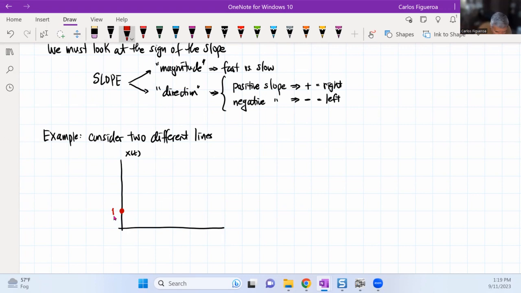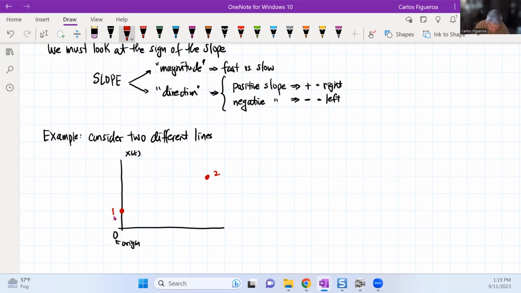So 1 tells you that we're looking at the origin of where we started measuring. So what I'm going to do in this situation is travel to some point 2, which I will label right here as 2.